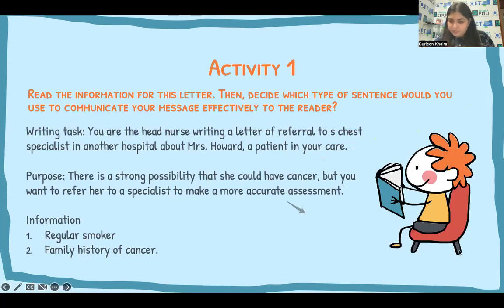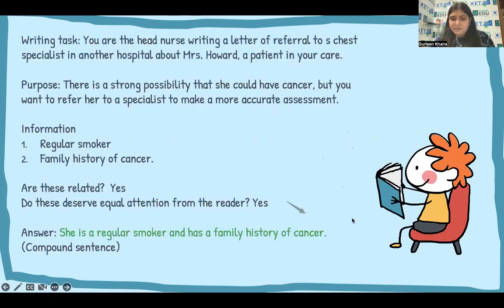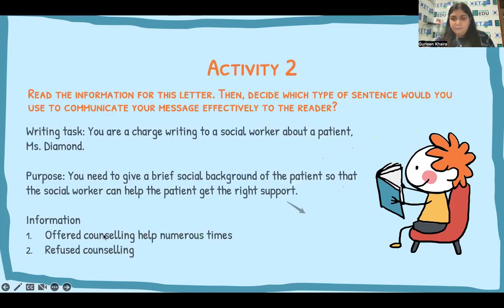Very good, Meenakshi. Meenakshi says equally. I'm glad everyone agrees on one answer. Yes, they deserve equal attention. They're equally important. So what kind of sentence will we use? Compound.